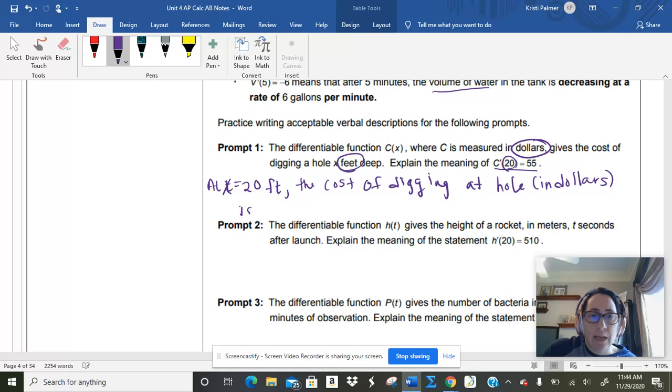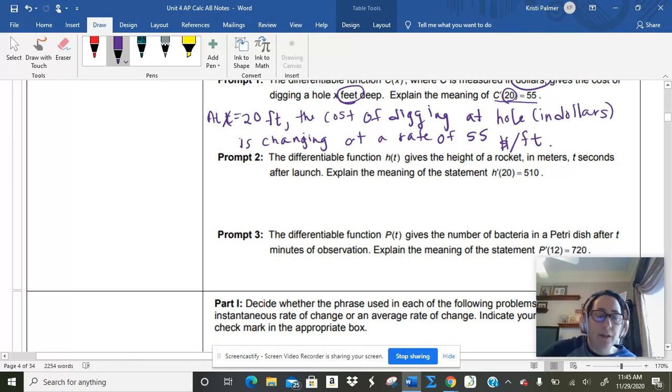So I'm just going to say it is changing at a rate of 55, and then we need to put that this is dollars per foot. Okay? All right, you try the next one.